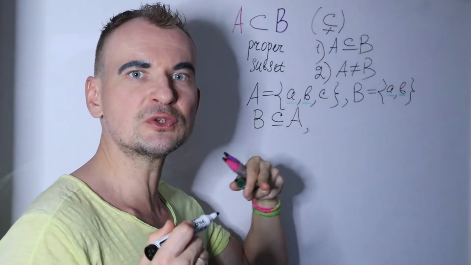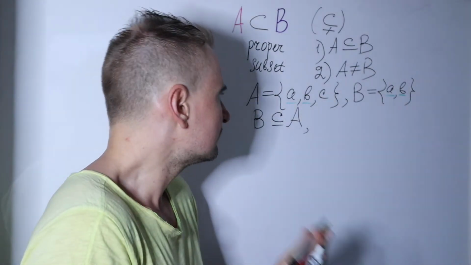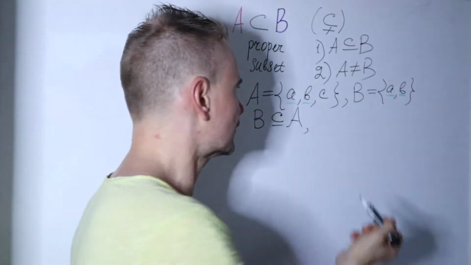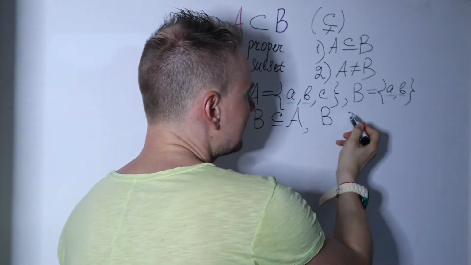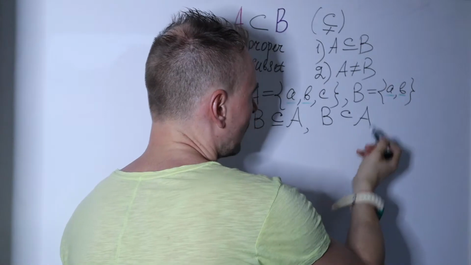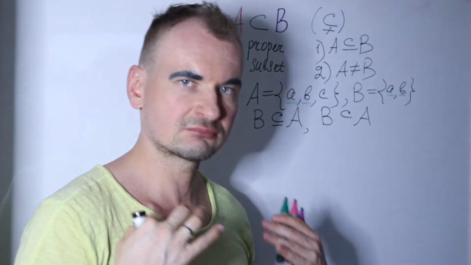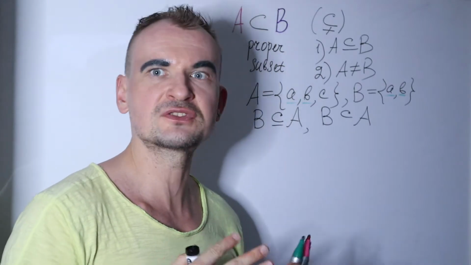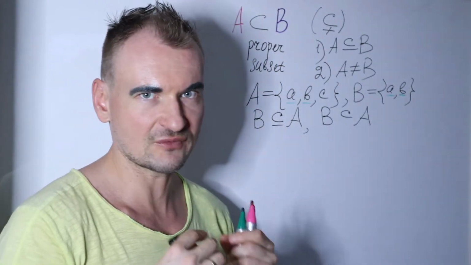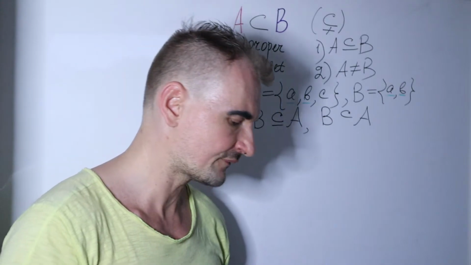They are not equal to each other. So in this sense, we could say that B is a proper subset of set A.